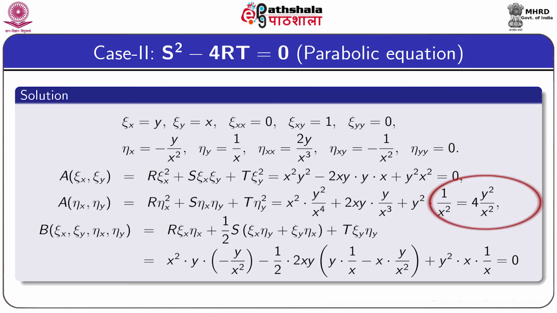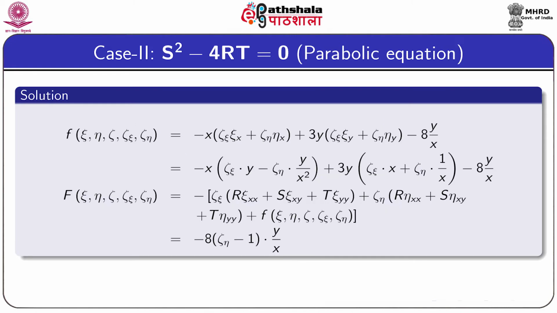The detailed calculation can be seen in the slide, and the value of b is written here, it also becomes 0, and the value of small f for this example is written here, and the value of capital F is minus 8 into zeta eta minus 1 into y by x.